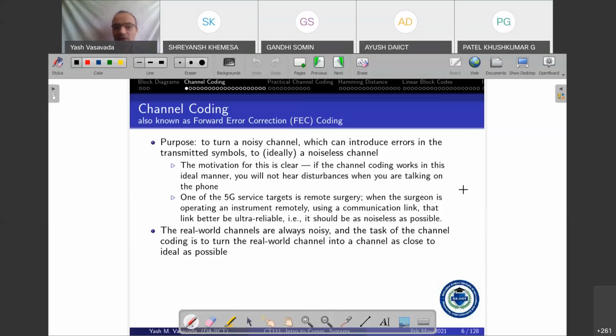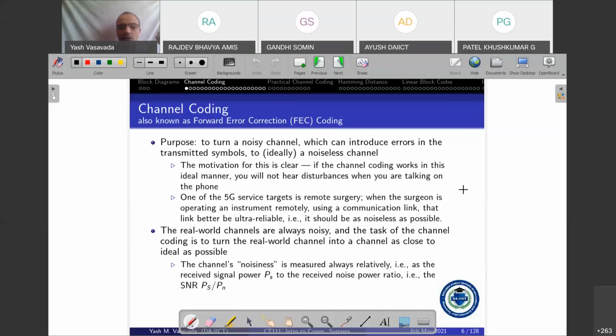What actually drives the performance of a communication system is not the absolute value of P of n. Instead, it is SNR. It is the power of noise relative to the power of signal. So maybe there are some real world channels for which P of n is very small.